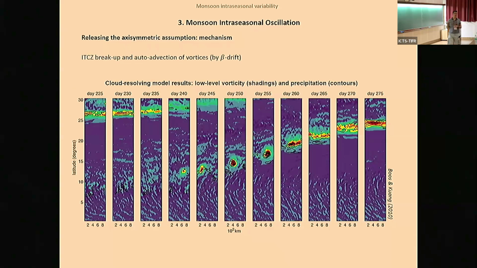just by self-advection. So it's essentially a beta effect on a vortex, which is called beta drift, and the beta effect would self-advect the vortex northward or poleward.